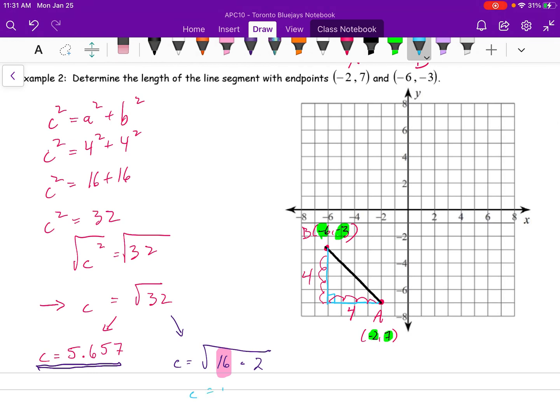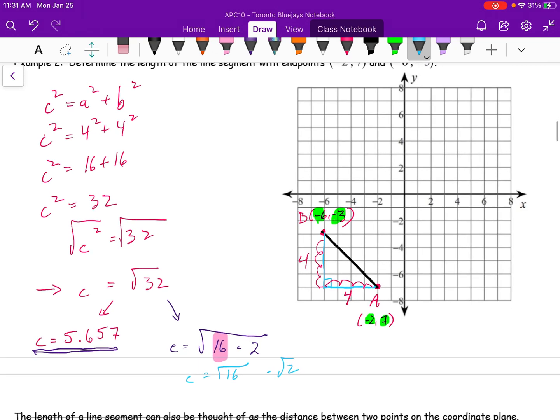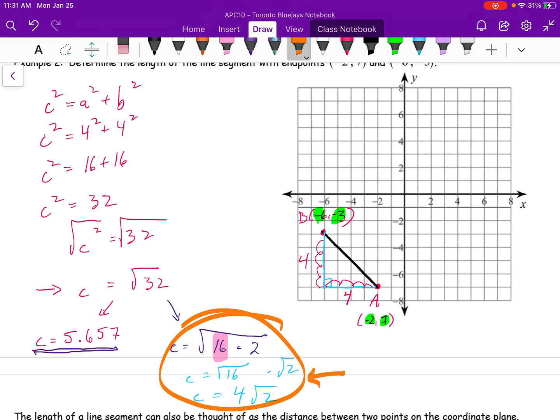So therefore, c is going to be equal to the square root of 16 times the square root of 2. And this simplifies into c is equal to 4 square root 2. Now, surely this is an advanced form, but we'll be going in this direction later on this year. Perhaps you even have the skills to do this at the moment.